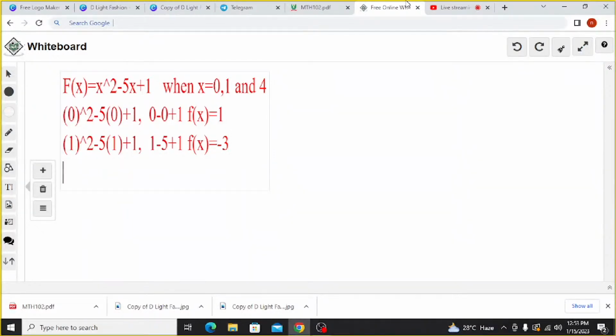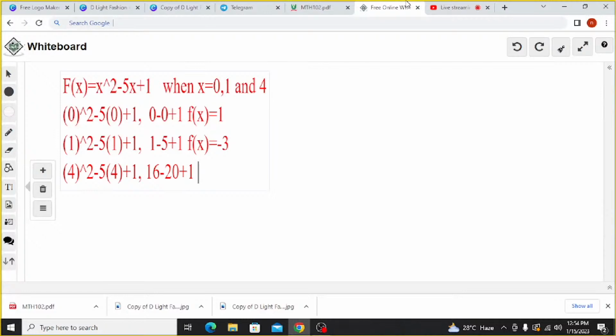So the third one, which is 4. This one now equals 16 minus 5 multiplied by 4, which is 20, plus 1.